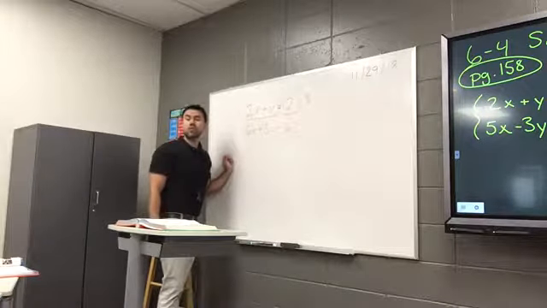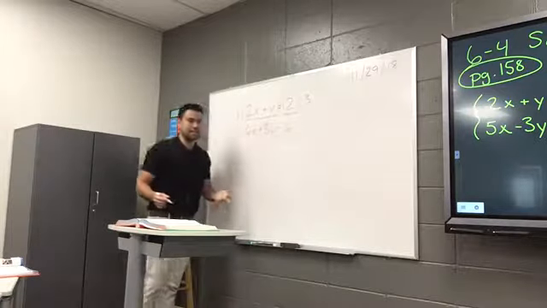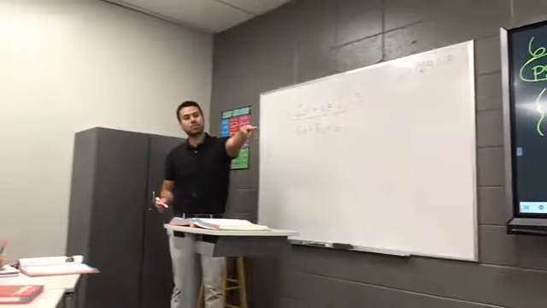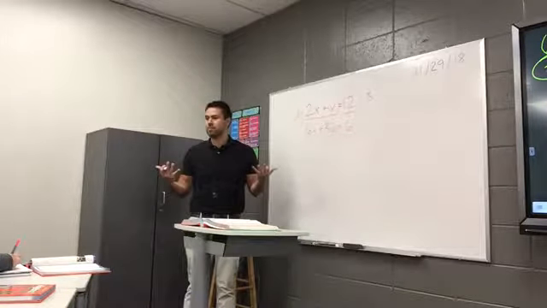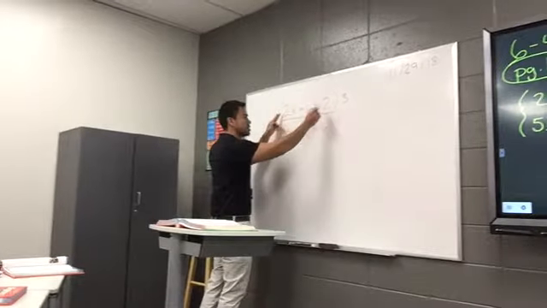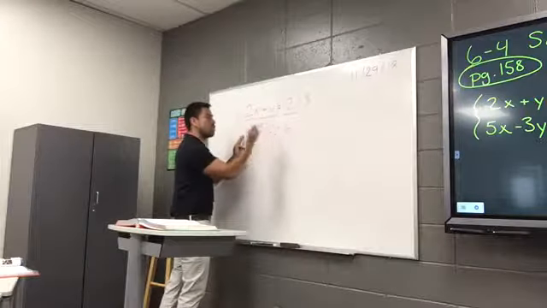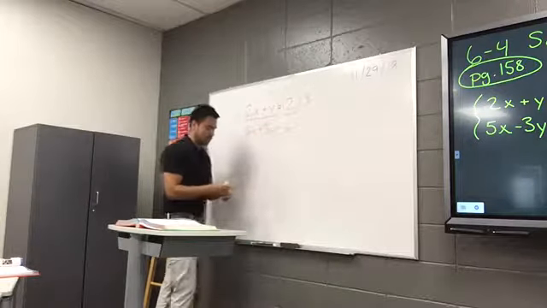I changed the way it looked, but I did not change the solutions. It's kind of like if I put on a hoodie, do I change who I am? No, I'm just changing what I'm wearing. This equation and this equation are the same thing, because we multiplied both sides by 3.